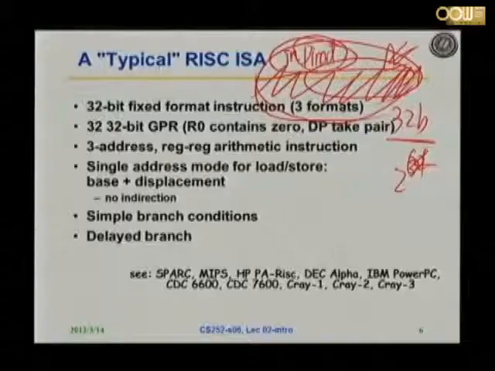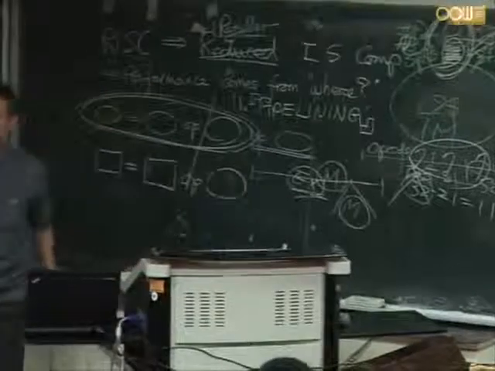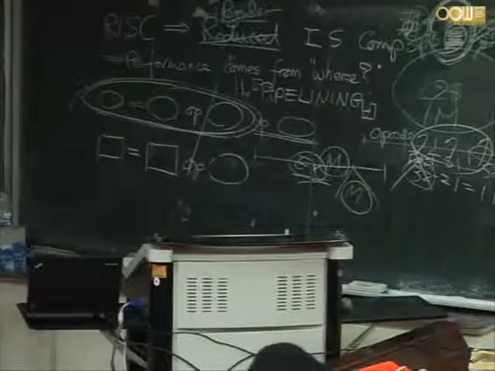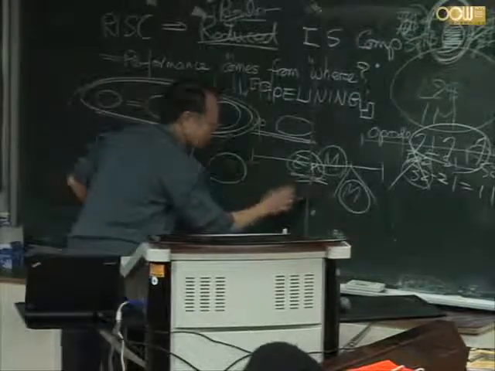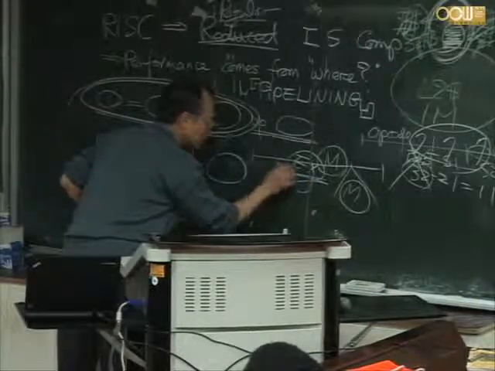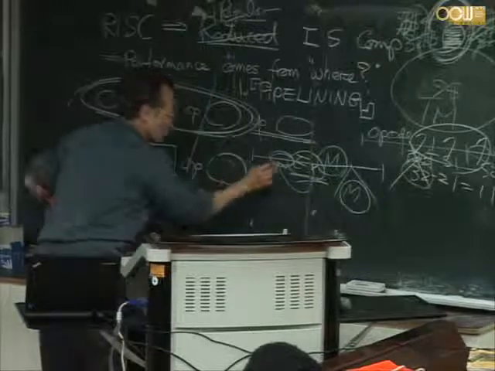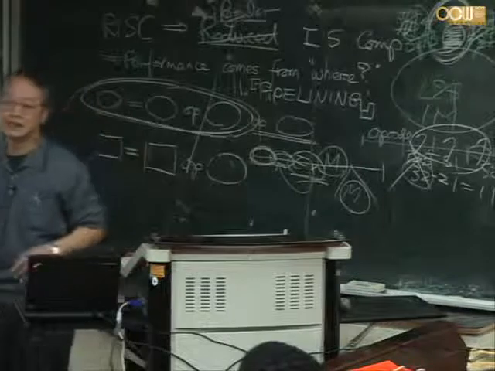And then simple branch conditions. Why? Because the branch condition will have to be resolved in execution. Better yet, because branch determines which next instruction it should be, we want the branch condition to be resolved even earlier, as early as we can.